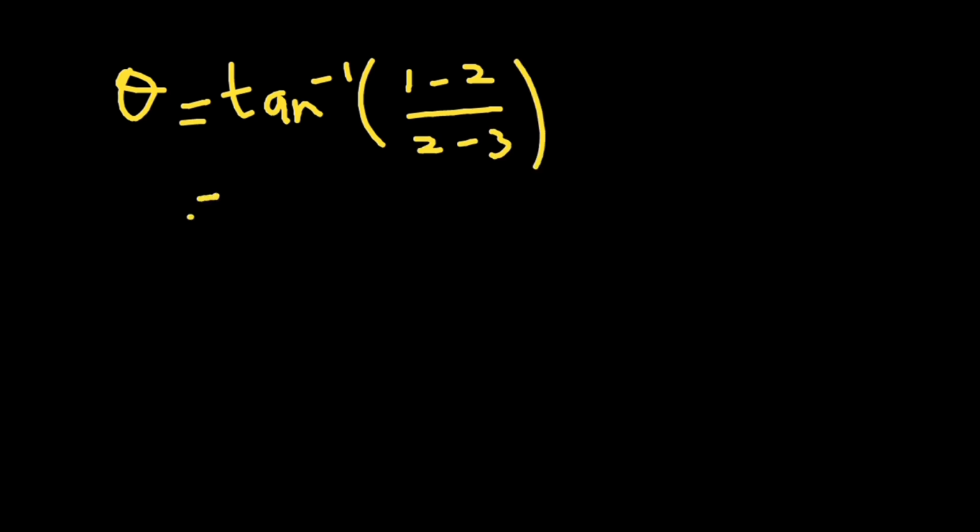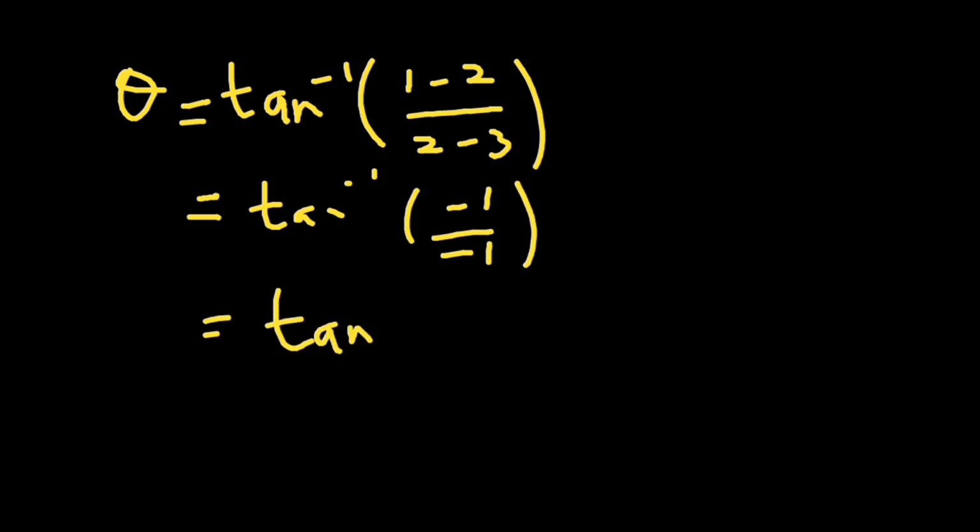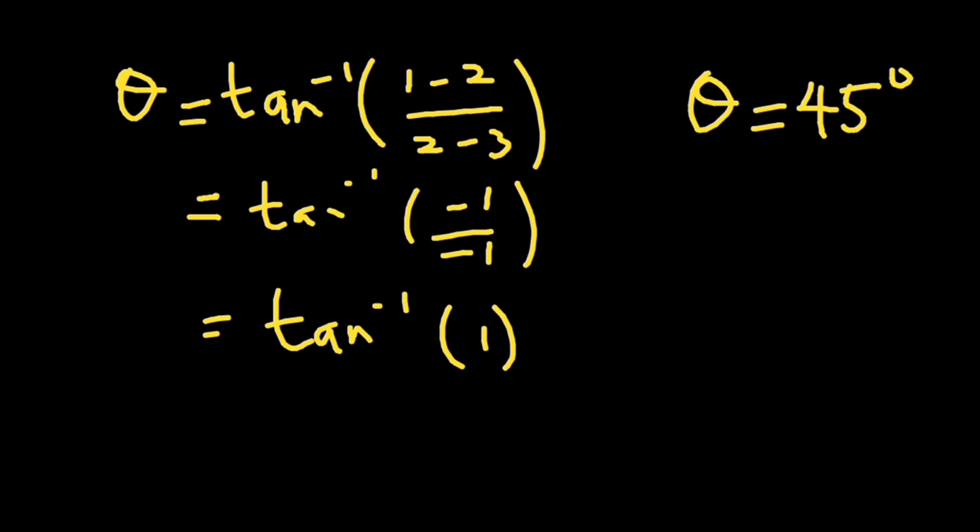This gives us arctan of -1 divided by -1, which gives arctan of 1, and the arctan of 1 is 45. Therefore, theta will be equal to 45 degrees. That is, the angle between the 2 points G and H is 45 degrees.